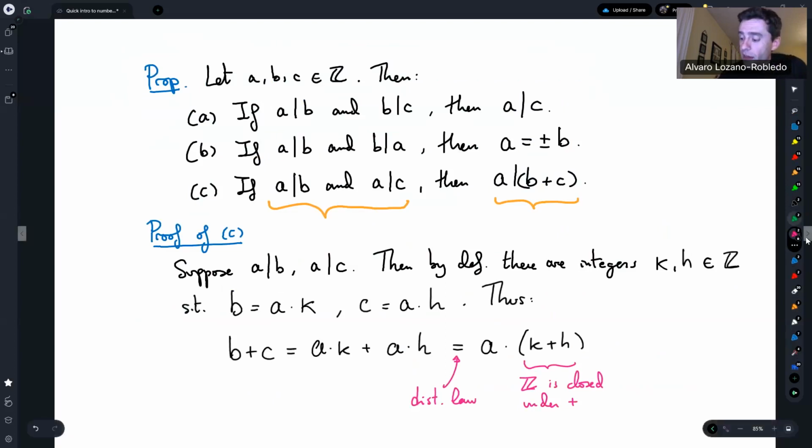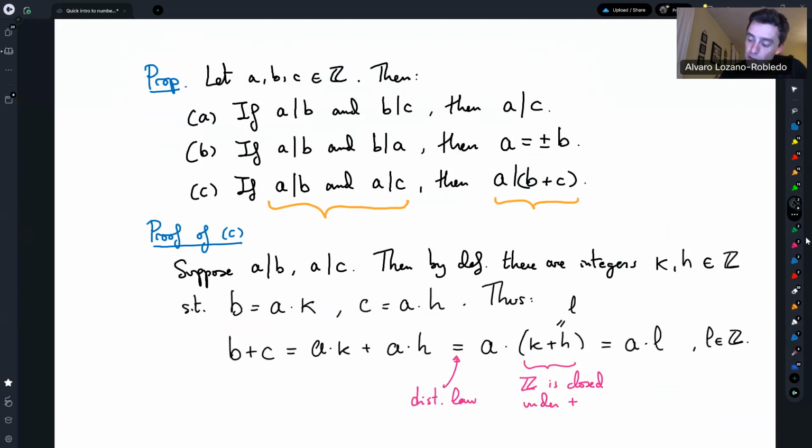So K plus H is some integer, which I'm going to call L. So this is A times L, where L is an integer. That means B plus C is A times an integer, and therefore A divides B plus C, which is what I wanted to prove, which I denote with this little box.